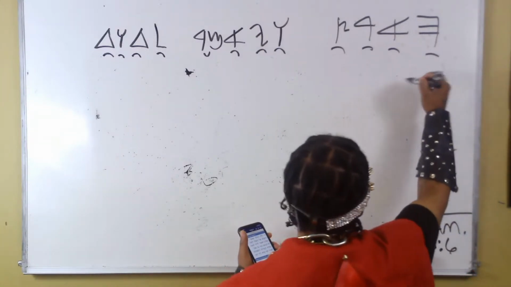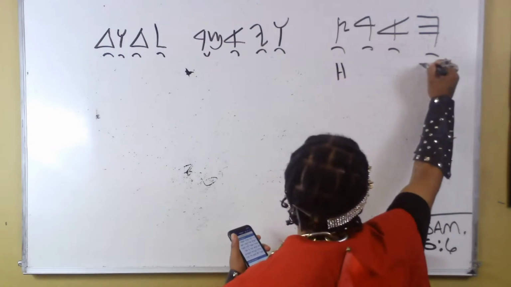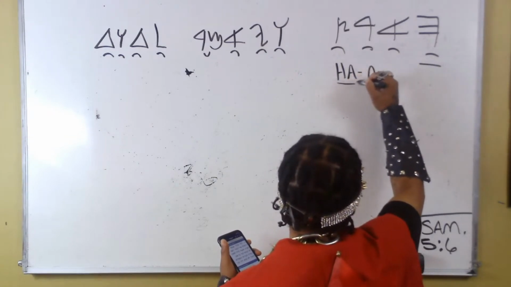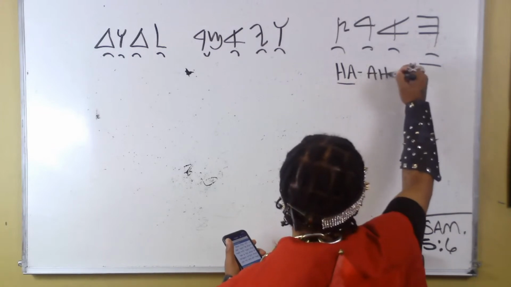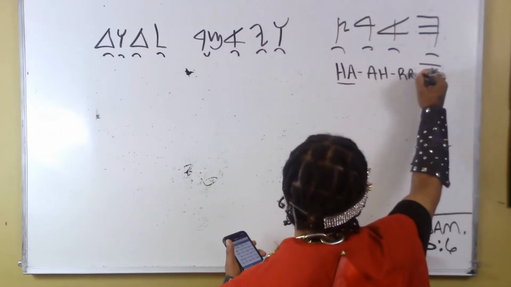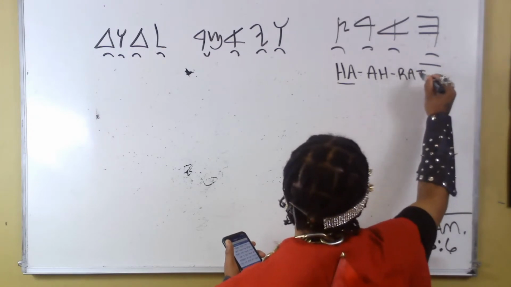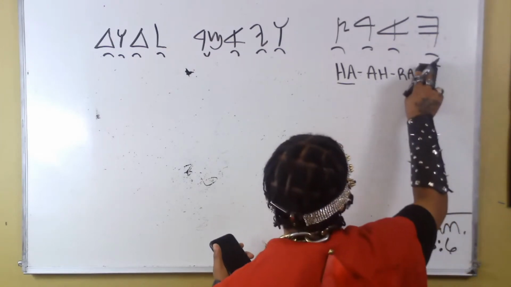So let's put this. Ha'aratazah. Ha is at the beginning of the root word, right? Ara, and then Tazah.